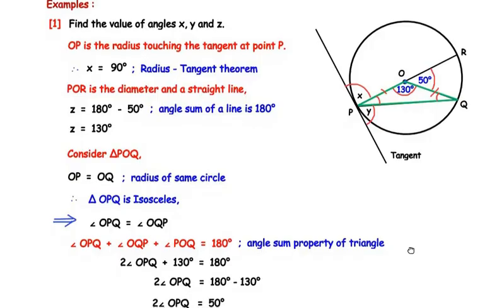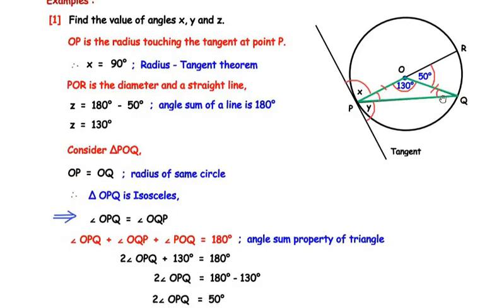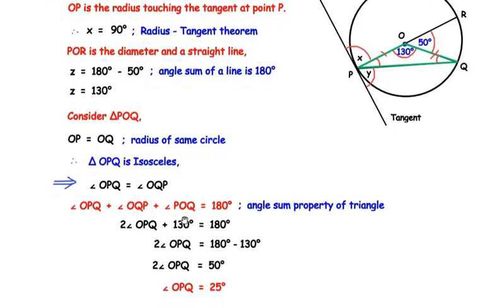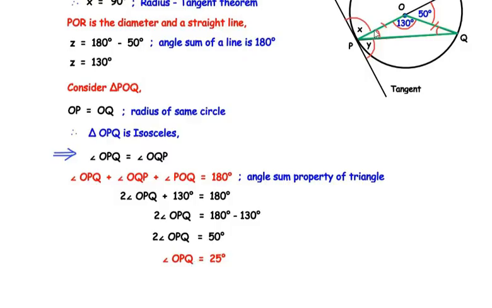Here we have taken angle O plus angle P plus angle Q is equal to 180 degrees. Since both of these angles are equal, we have taken 2 times angle OPQ plus angle POQ, which is 130, equal to 180. So 2 times angle OPQ is equal to, taking 130 to the other side of the equal sign, 180 minus 130, giving us 2 times angle OPQ as 50 degrees. Now dividing both sides by 2, we get angle OPQ as 25 degrees.